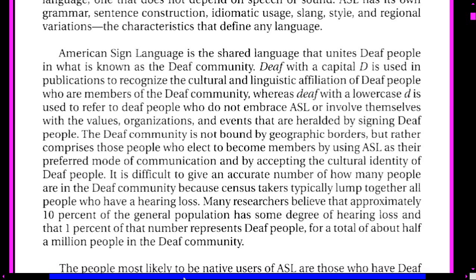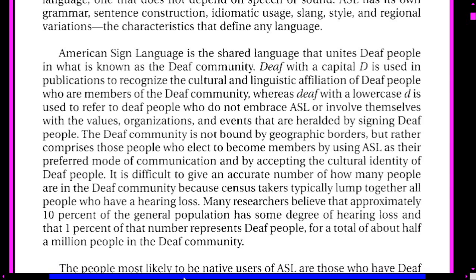Anyways, moving on. American Sign Language is the language that unites deaf people in what is known as the deaf community. Deaf with a capital D is used in publications to recognize the cultural and linguistic affiliations of deaf people who are members of the deaf community, whereas deaf with a lowercase d is used to refer to deaf people who do not embrace ASL or involve themselves with values, organizations, and events that are heralded by signing deaf people.